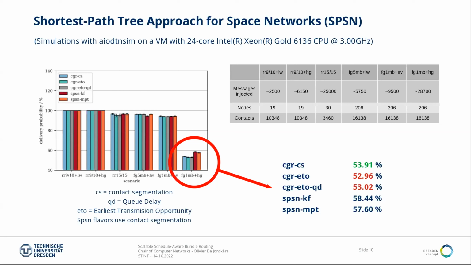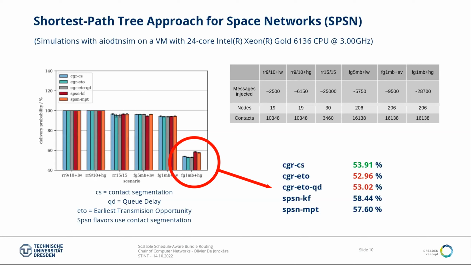We also provided some SPSN flavors, which is an alternative routing algorithm, very similar to CGR. And the backend pathfinding for those CGR flavors is the limiting contact approach with the first ending contact as a limiting contact leg.